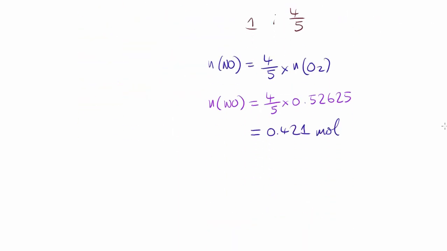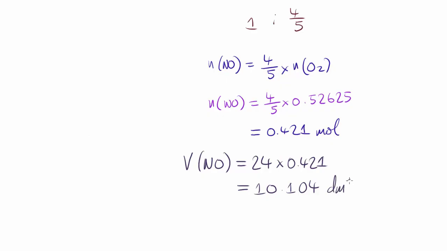So let's multiply it by 24. The volume of NO equals 24 multiplied by 0.421, and that's going to give us 10.104. And that's going to be in decimeters cubed.